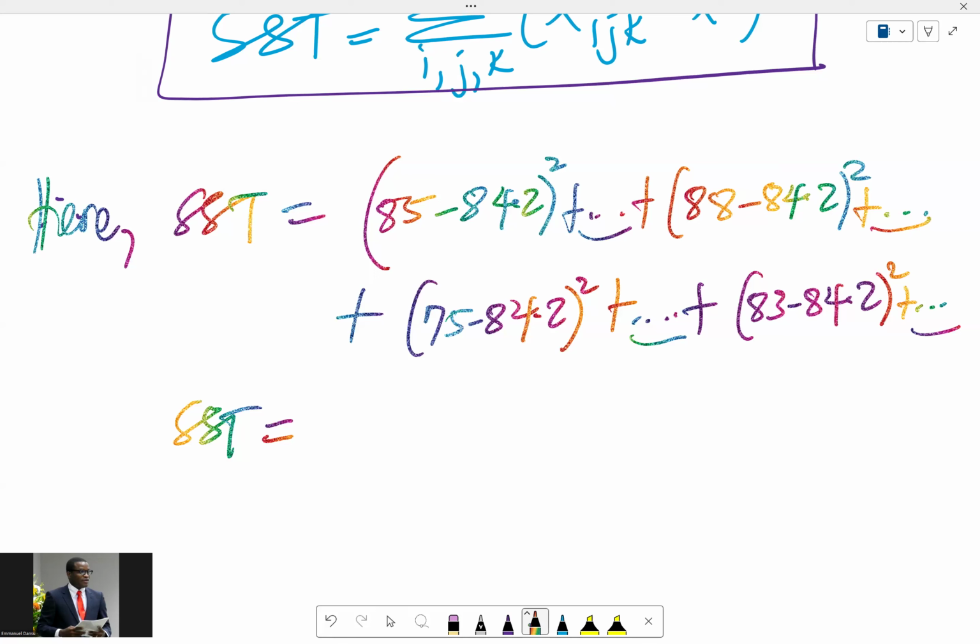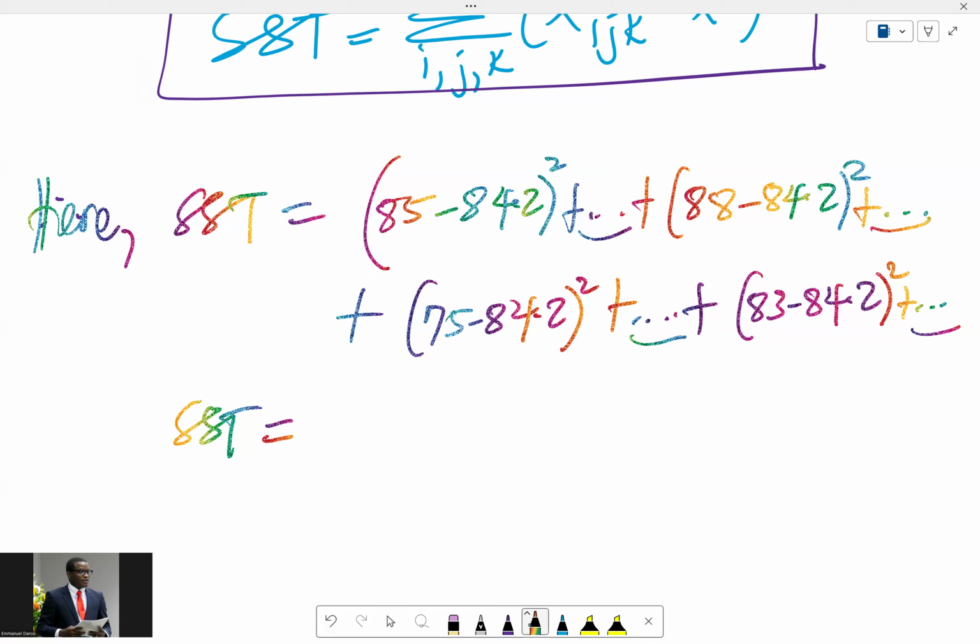Then the next after 91 is 87. Then the next is 90, 90 minus 84.2 all squared. This is a lot. This is a whole lot. So after 90, we have 88. So 88 minus 84.2 squared.